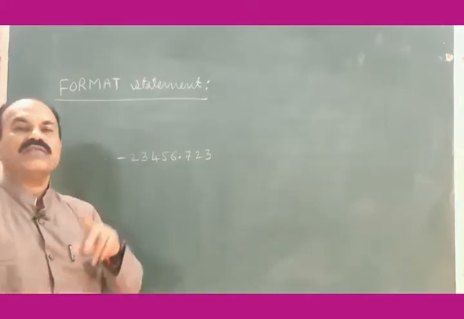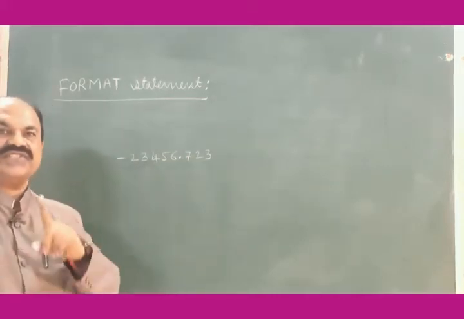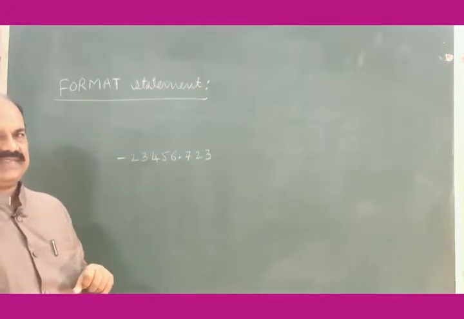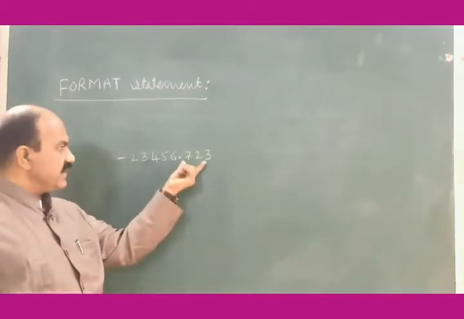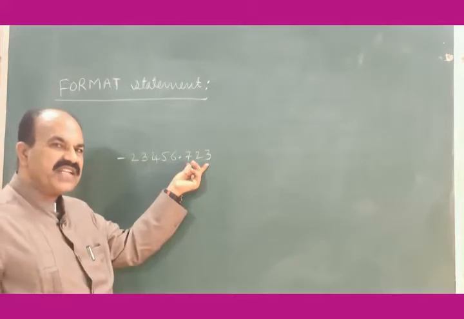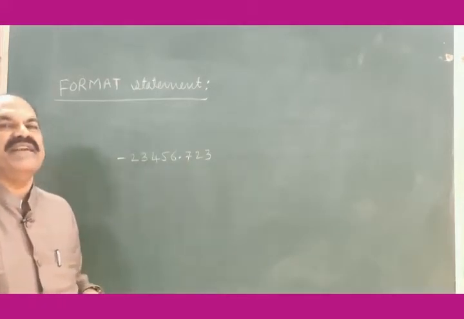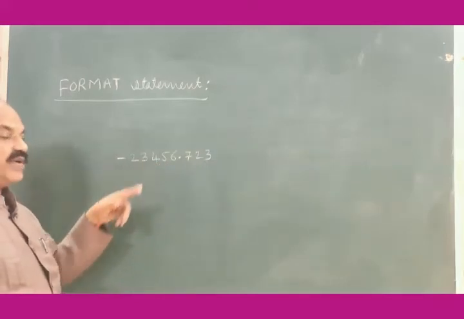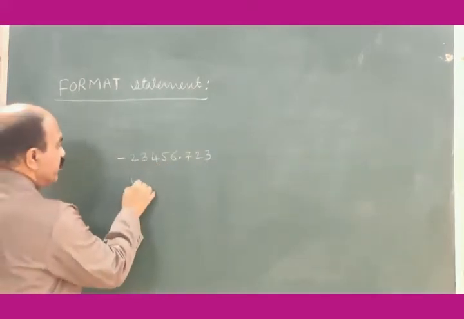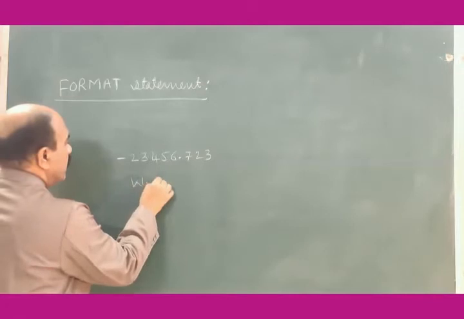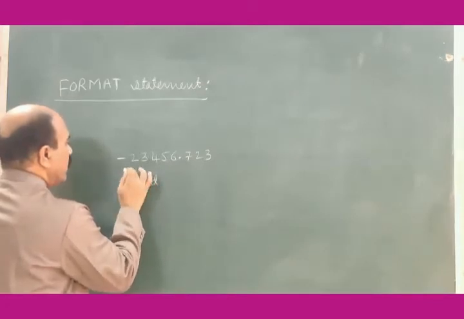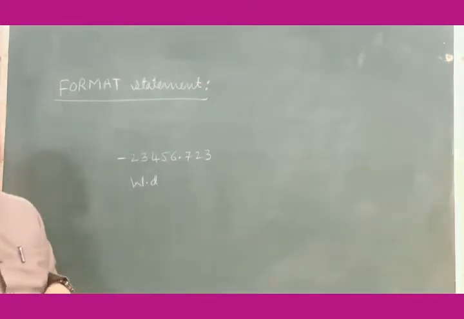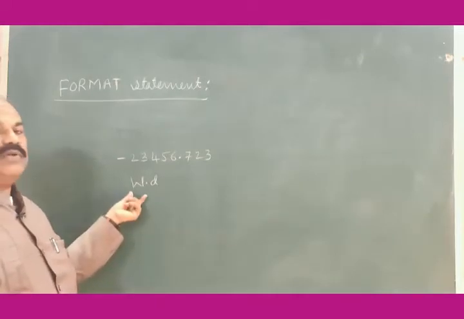The total width of this constant is 10. And how many decimal digits are there? 3 decimal digits. And therefore, the format of this should be w.d. What is w?